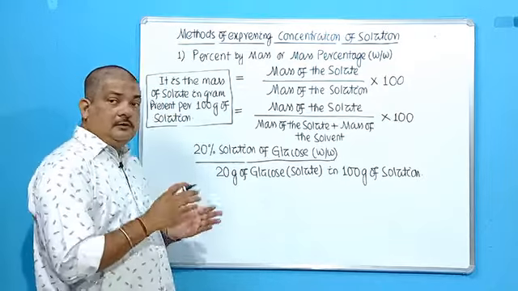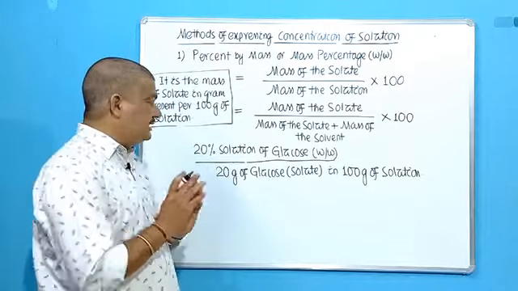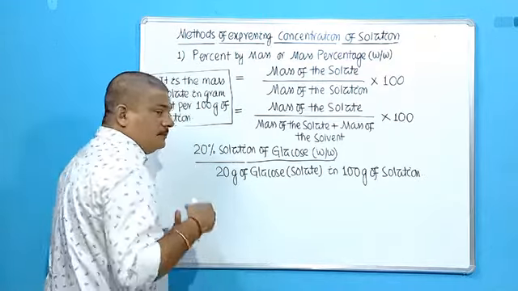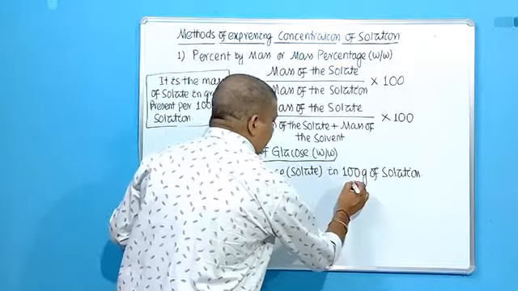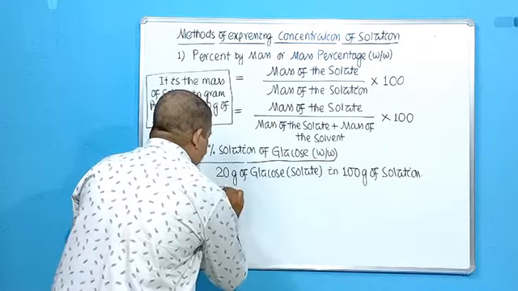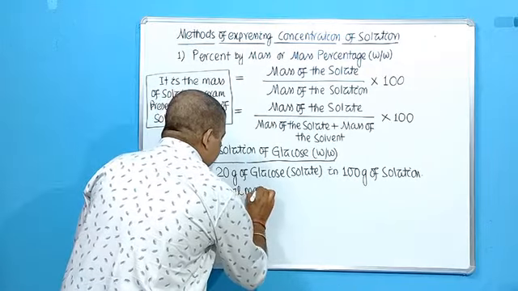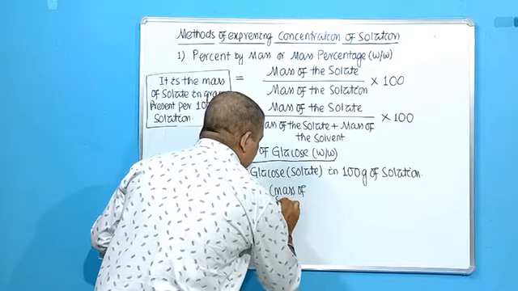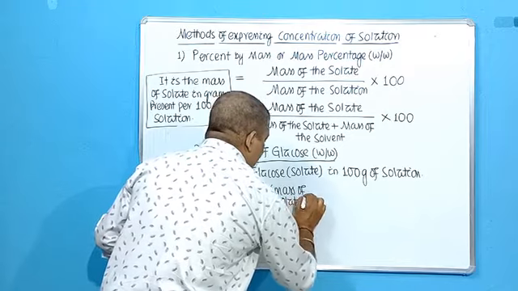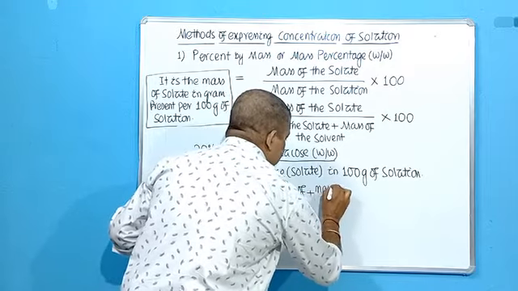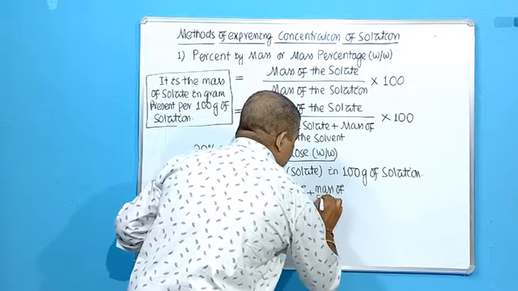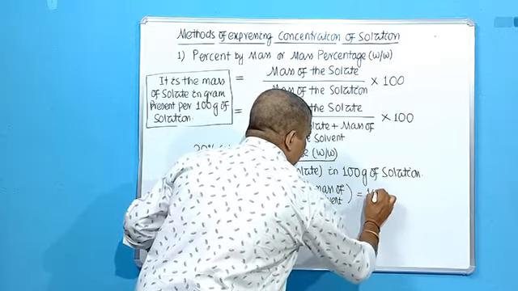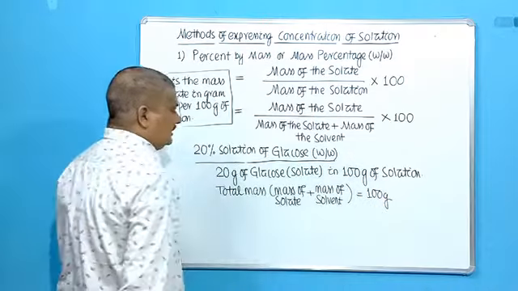So what is the solvent here? Glucose will be added to water, so the solvent is water. What is the solute here? Glucose. So what will be the mass of water then? The total mass, that is mass of solute plus mass of solvent, is equal to 100 gram, which is the mass of the solution.